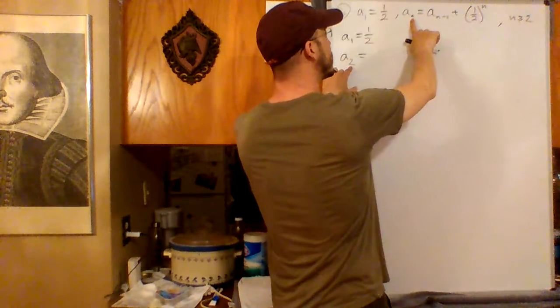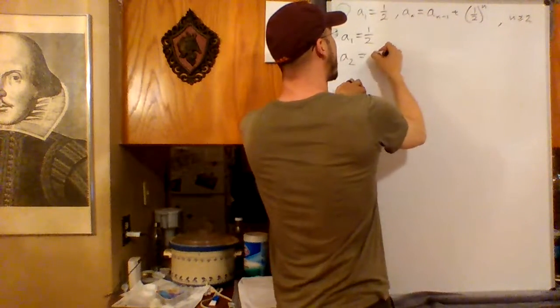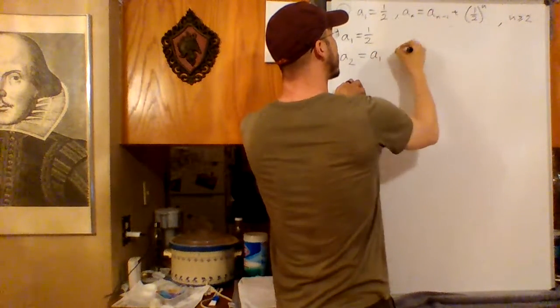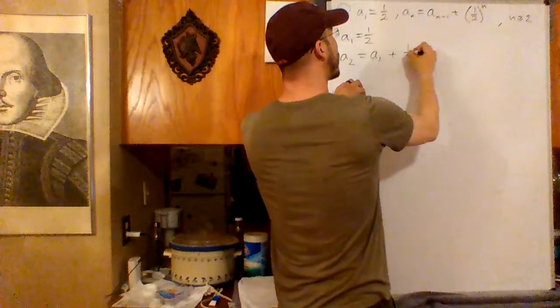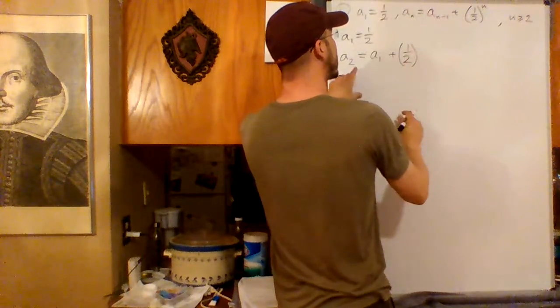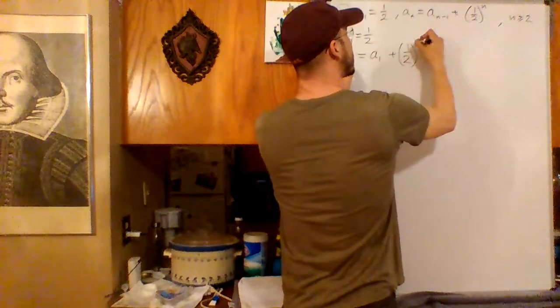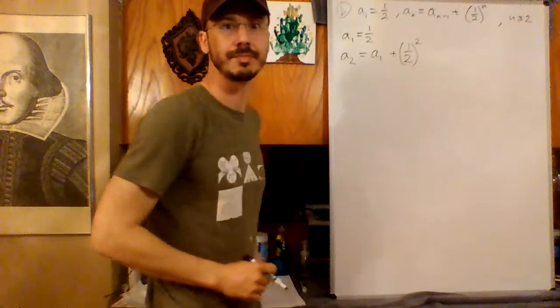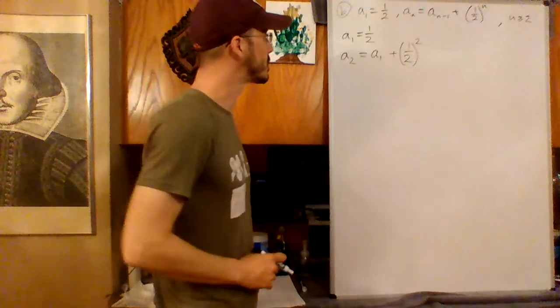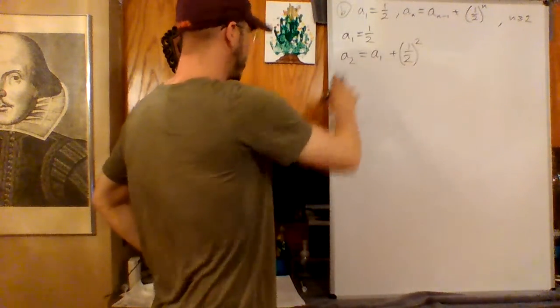my n is 2, so n minus 1 is 1. That's A1 plus 1/2 to the 2. So I've just built the next term.